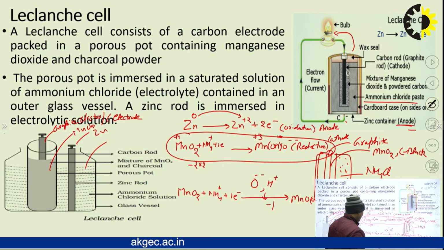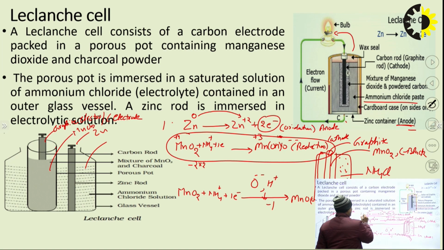If here there are 2 electrons and here 1 electron, then in the net cell reaction I will multiply this with 1 and this with 2.